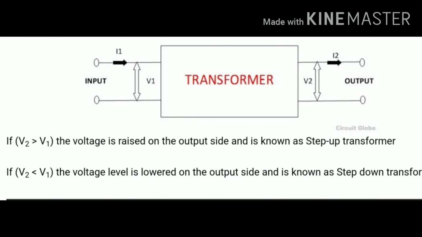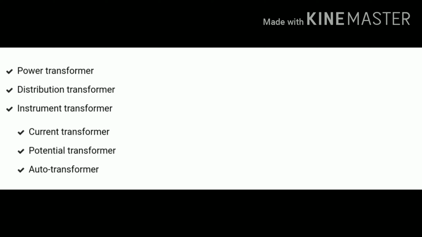If the value of V2 is greater than the value of V1, the voltage is raised on the output side, and it is known as a step up transformer. If V2 is less than V1, the voltage level is lowered on the output side, and it is a step down transformer. So transformers depend on voltage going up and down.